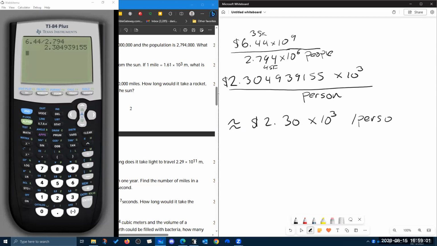That's what that means. If we want to be more exact, then it is $2,304.94 per person.